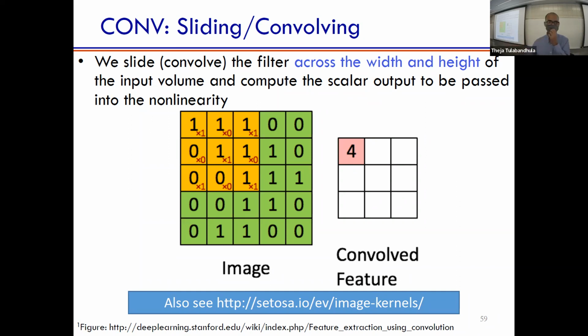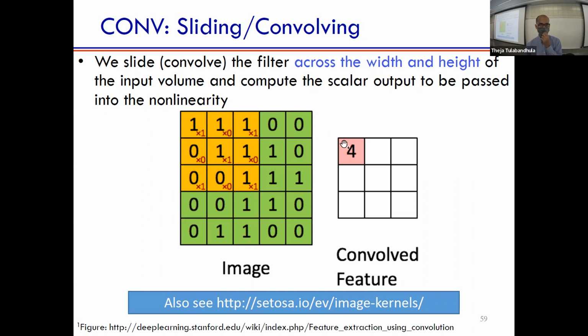The filter depth has to match the input depth, so if the input has a depth of 1, the filter also has a depth of 1. That's how you have to define it. When I say sliding, you start at the top left, multiply element-wise with the input, and then sum it up. You see there are only 4 cells where it's 1 times 1, and that's why the output is 4.